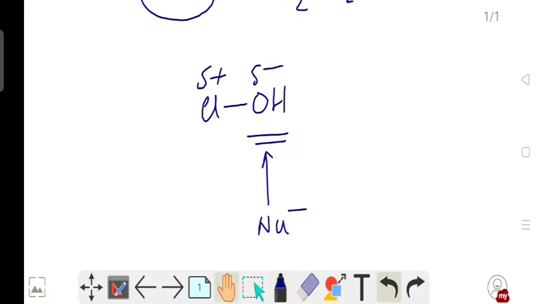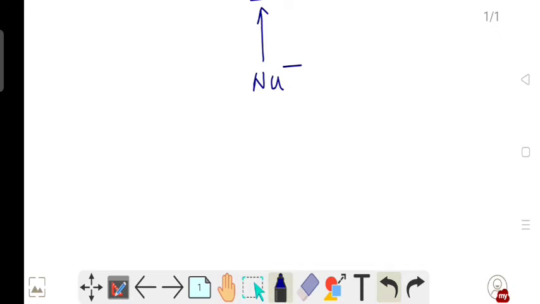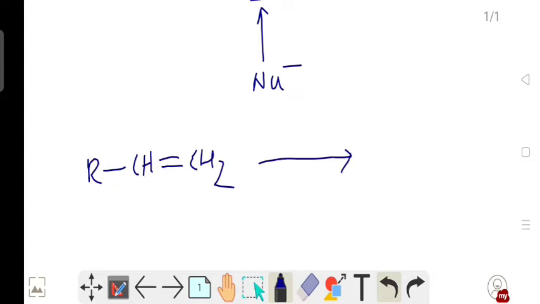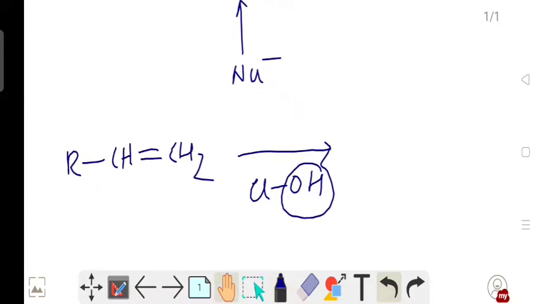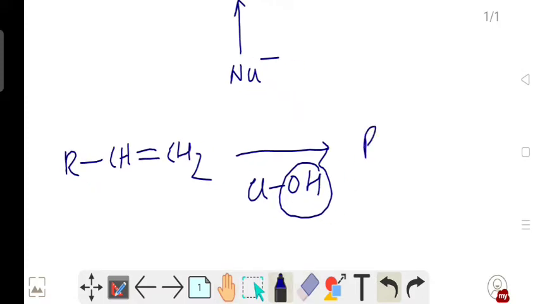That means you can say this OH part acts as a nucleophile. So again, by applying Markovnikov rule, if we take an unsymmetrical alkene, then the negative part will attach to the carbon center with fewer hydrogens. Again, using Markovnikov rule with ClOH, this is the negative part that acts as a nucleophile, then the product will be RCH, where you attach OH here and Cl there.